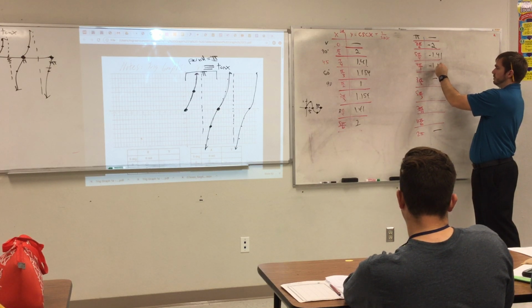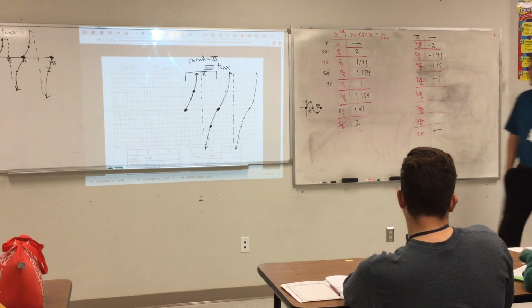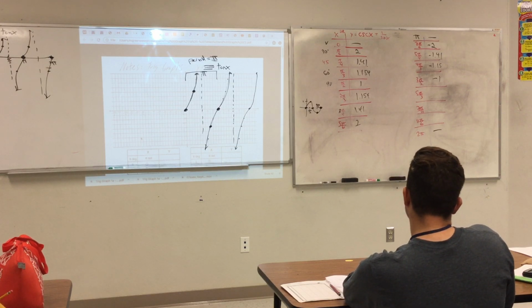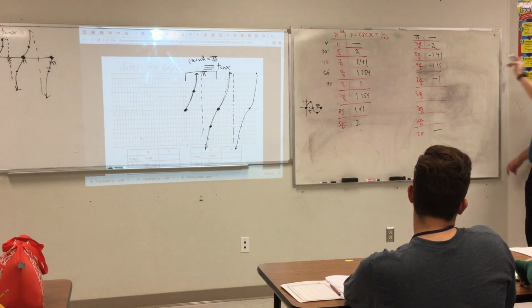Are you sure it's not -1.15? Let me see what's going on with your calculator. You did inverse sine. It needs to be 1 divided by sine. Good point. Y'all heads up.